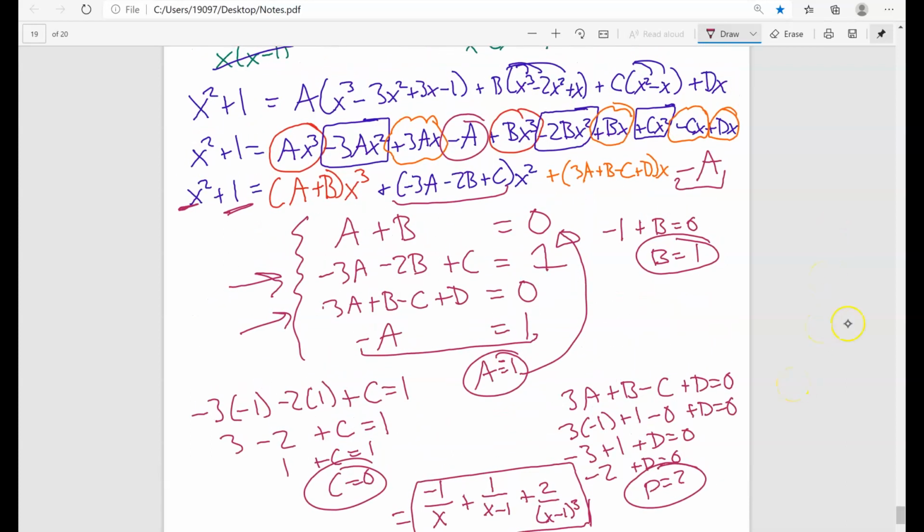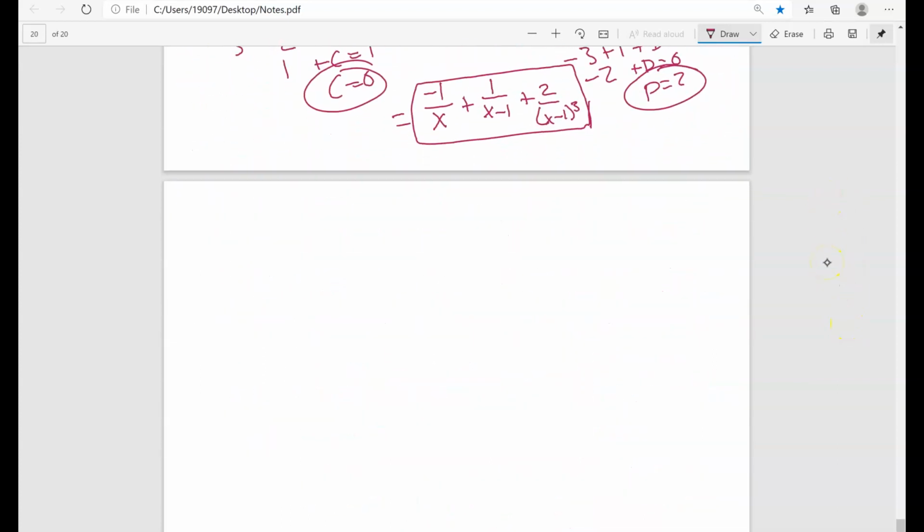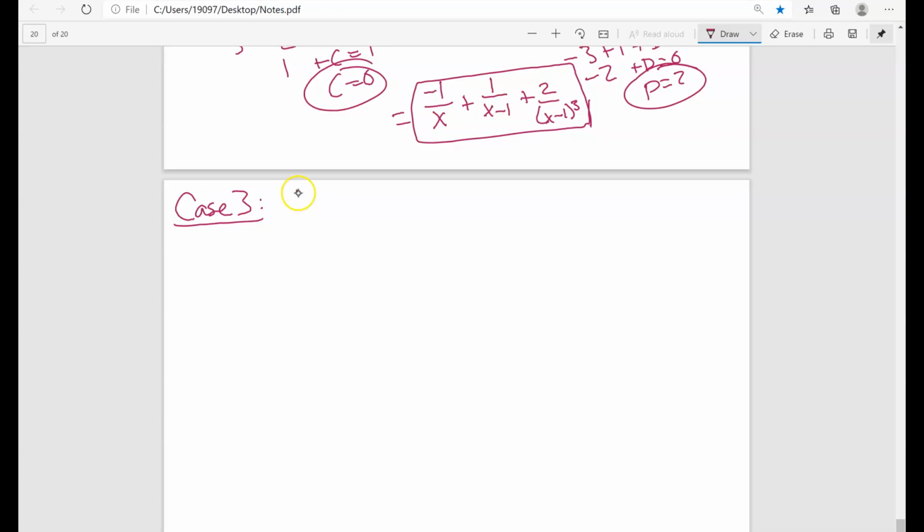Okay. Now let's just do one last problem. We're not going to go ahead and solve it all the way through, but I do want to show you case 3. So case 3 is basically irreducible quadratic factors.